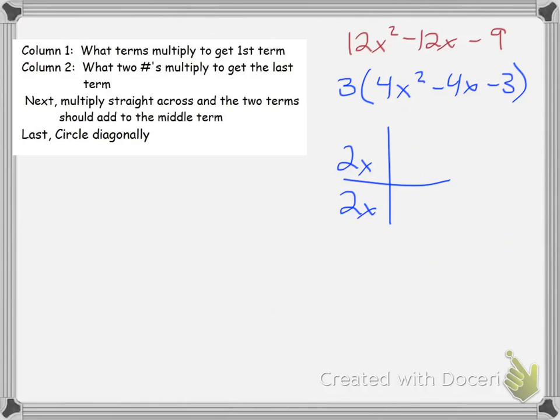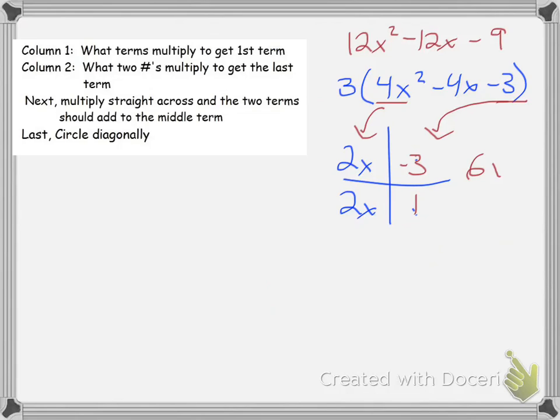My only option in the right column to multiply to get 3 is going to be 3 times 1. One has got to be a positive, one's got to be negative. So I'm going to put 3 times 1, multiply across. Let's just say this is negative, multiply across.